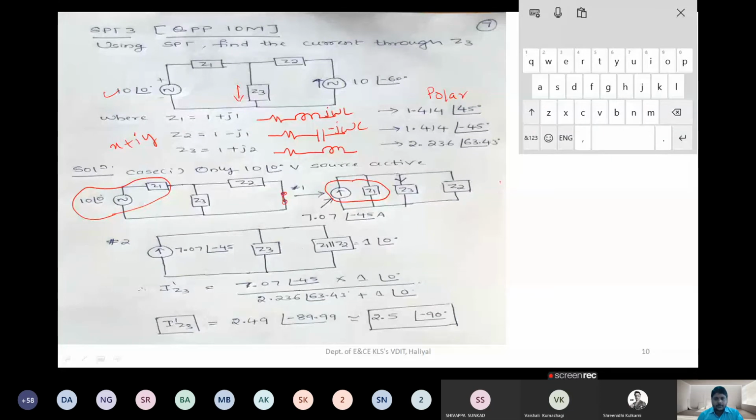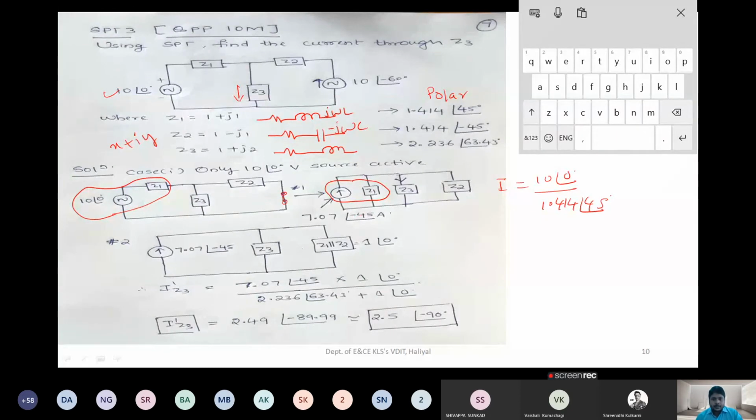So how to do that? This I is 10 at an angle 0 divided by the Z1 value, which is 1.414 at an angle 45. If you do this, you will get this.